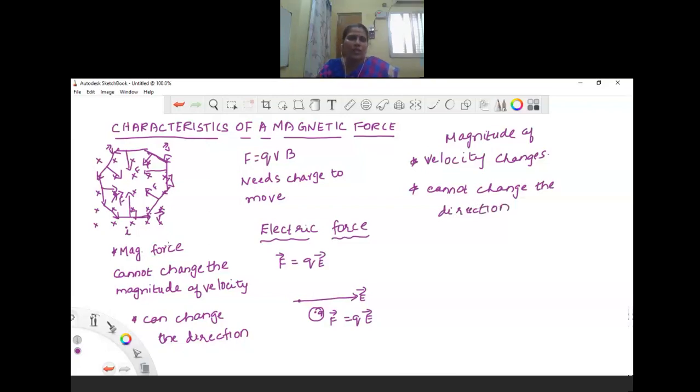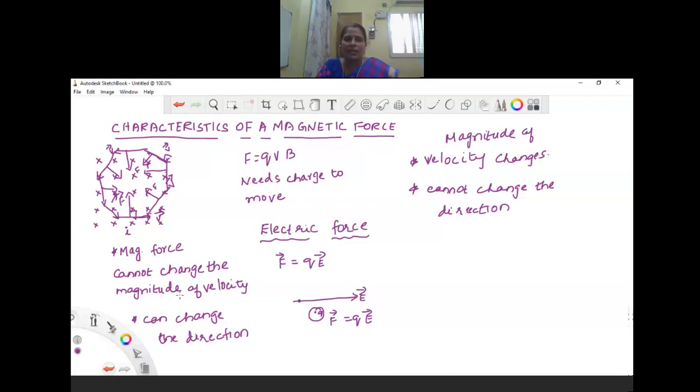These two are very, very important, children. Let me recall once again: the magnetic force cannot change the magnitude of velocity because the component of force along velocity is 0, and it can only change the direction of the moving charges.